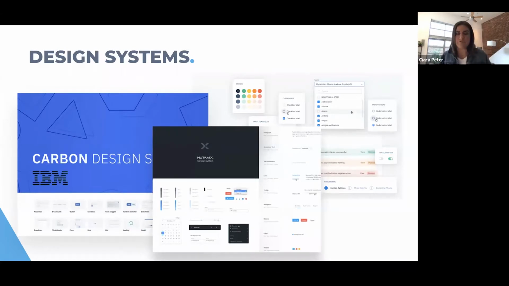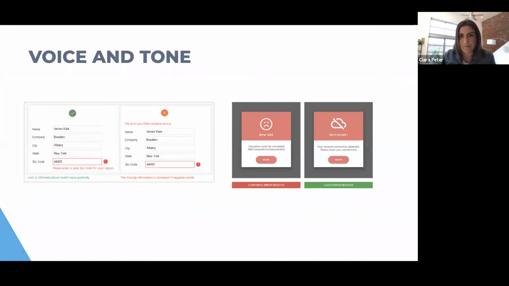Going back to that element of trust and feeling like one person worked on everything, not some scattered bunch of teams or some understaffed organization. Voice and tone. This gets overlooked all the time. But as a user, you don't want to feel like you made a mistake. If we look at this form on the left, the red X shows the form you filled contains errors.